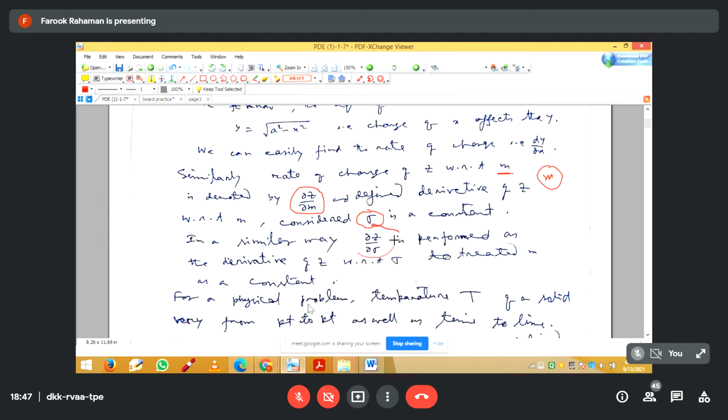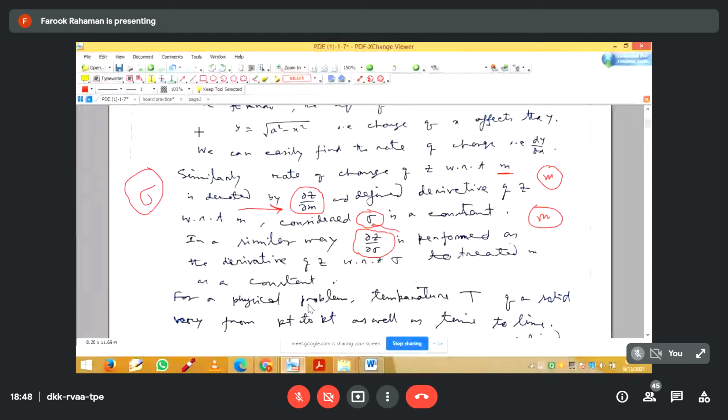We use this symbol. We just treat m as a constant. But when you find the partial differentiation with respect to m, then you keep sigma fixed. So in this way, one can easily find the partial differentiation.